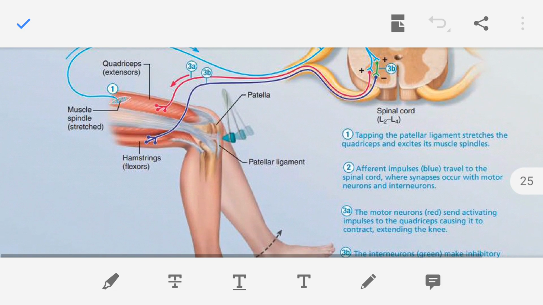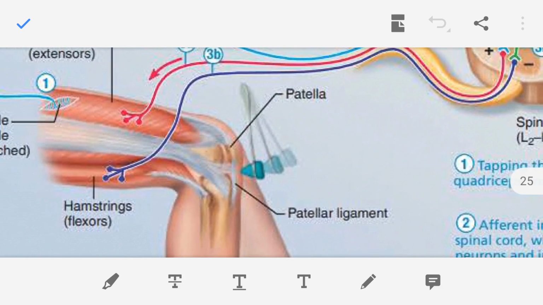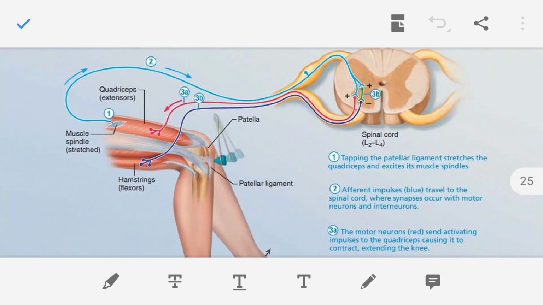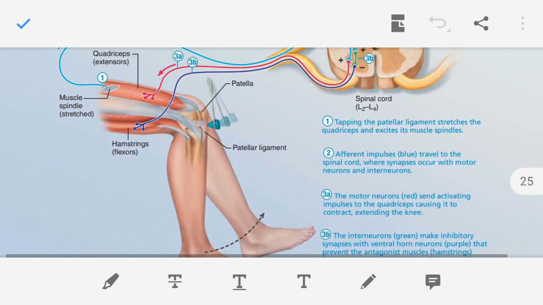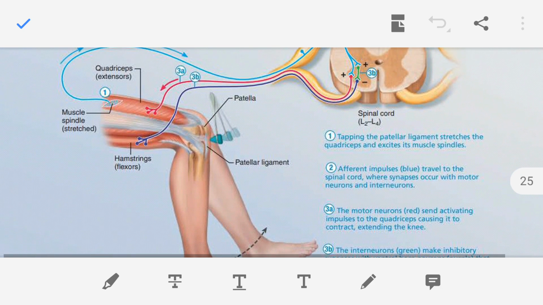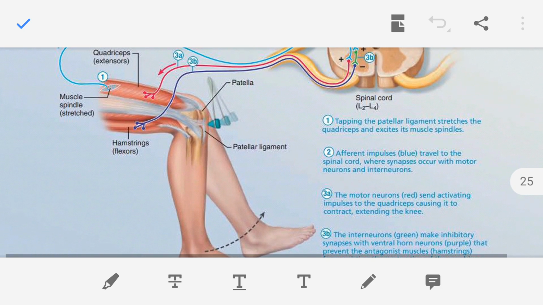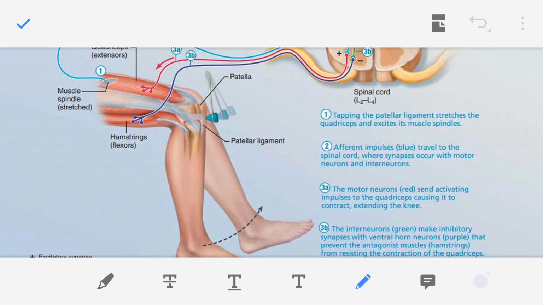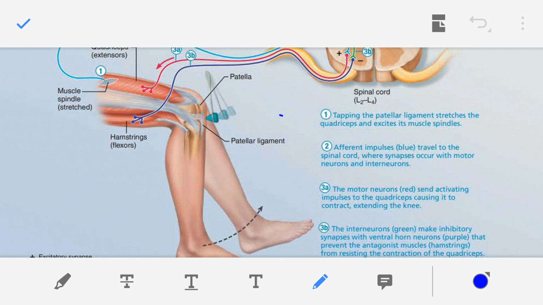Now the doctor starts to find out where exactly the pain center is located. In finding that pain center, the doctor gently taps the patellar ligament. Here you can see the doctor tapping this ligament with the small hammer.